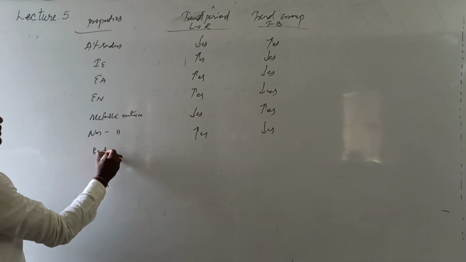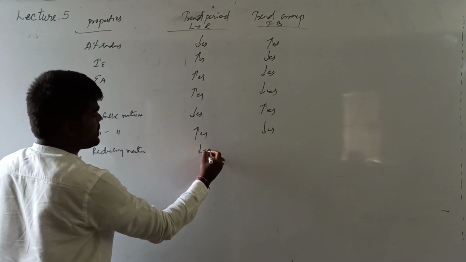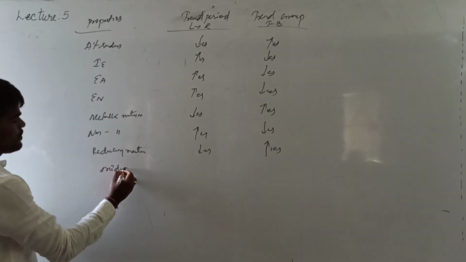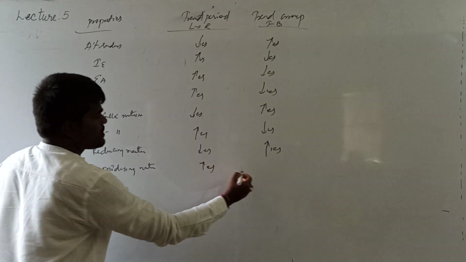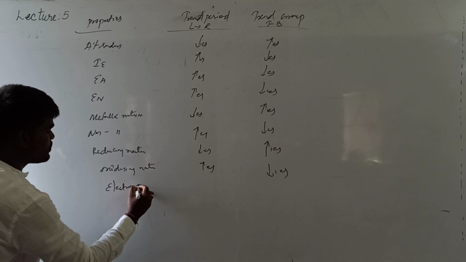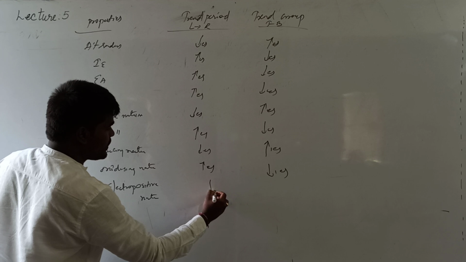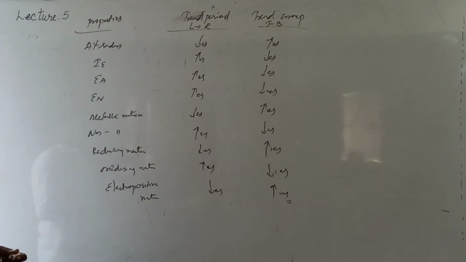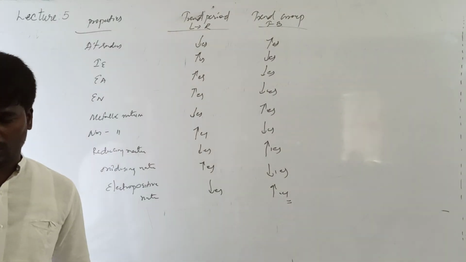Reducing nature: left to right decreases, top to down increases. Oxidizing nature: left to right increases, top to down decreases. Electropositive nature: left to right decreases, top to down increases. This is the variation of some periodic properties across the periods and along the groups. Hope it is clear so far.